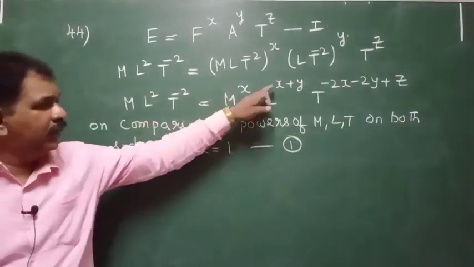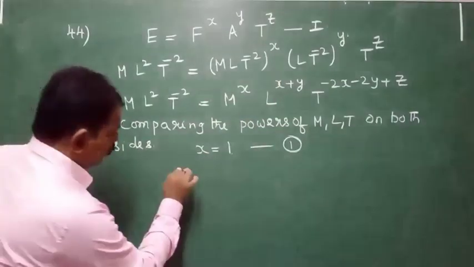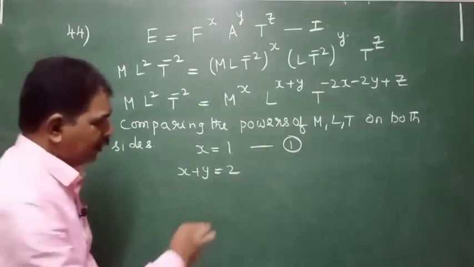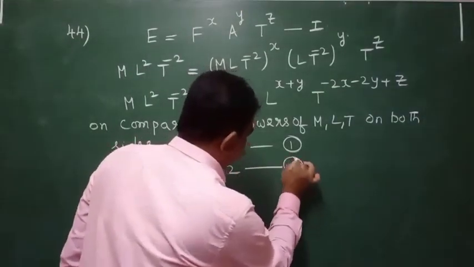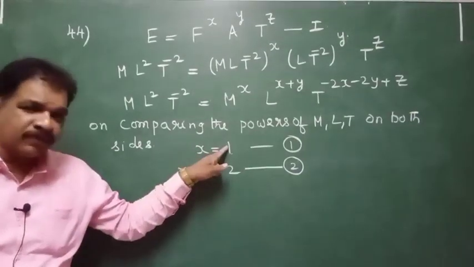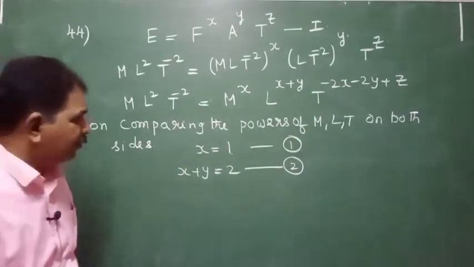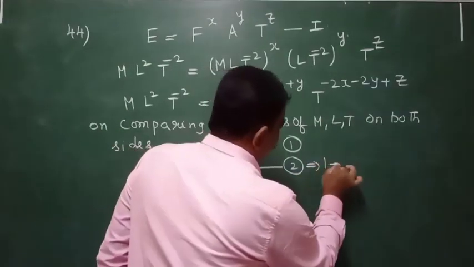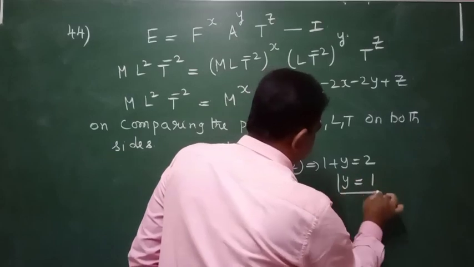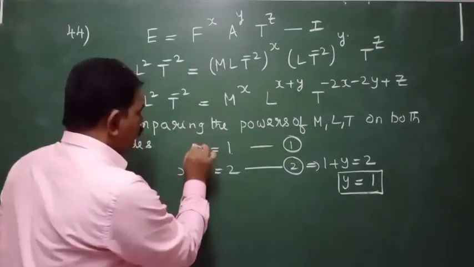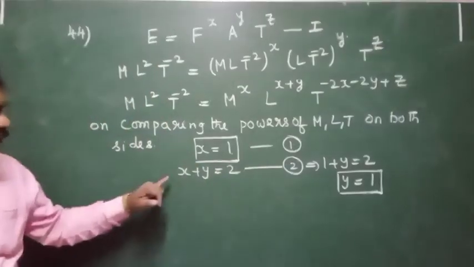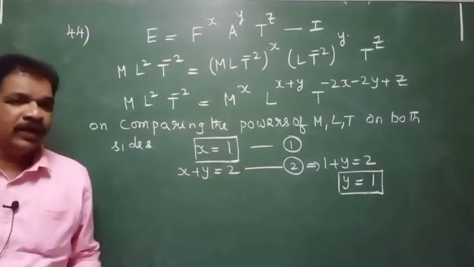Here 2 is there, here x plus y is there, so x plus y is equal to 2. Let it be equation 2. Already we know the x value. How much did we get for x? 1. So from this we can write 1 plus y is equal to 2. Y is equal to 1.